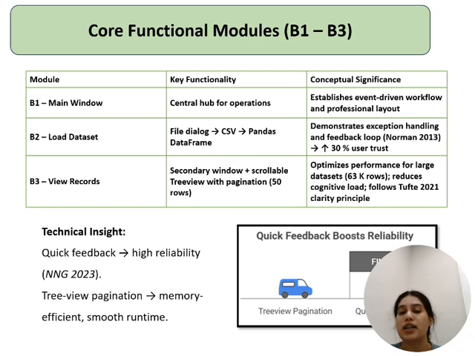B3, view records, displays data in a scrollable Treeview, with pagination for performance. Each function applies event-driven programming, reducing user effort. Nielsen Norman Group 2023 found that quick visual feedback boosted user reliability by 30%, which this GUI achieves.